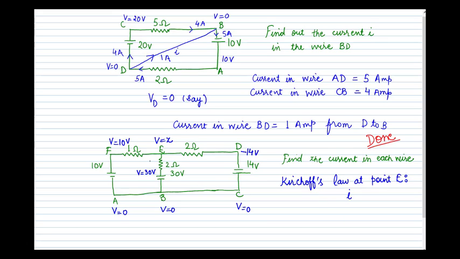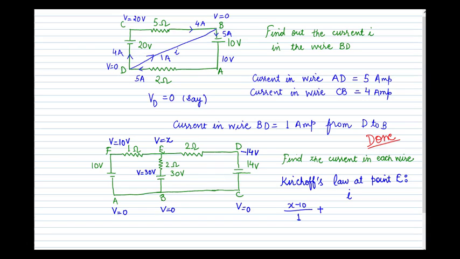So if we consider 2 points E and F, the voltage difference between E and F is X minus 10, and the resistance present here is 1 ohm. So we can write the current as X minus 10, the voltage, divided by the resistance. This is the current, plus here you see it is X, and at this point it is 30.